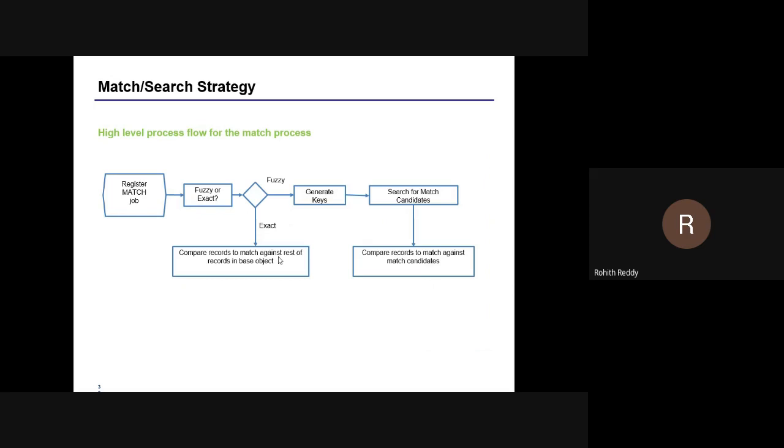Cross reference table, history tables, but the exact process runs in the base object only. During this process, so many inserts and updates will happen. That's why it takes a lot of time. I will show you, while running the match process, how many backend insert or update statements get created.